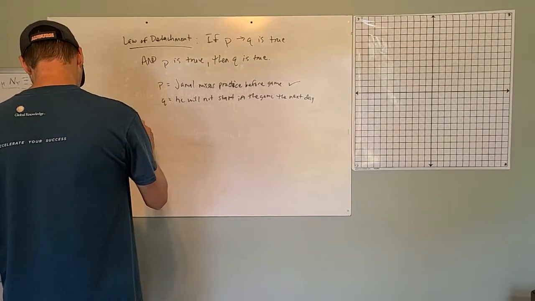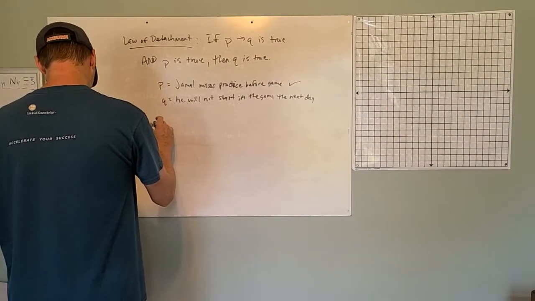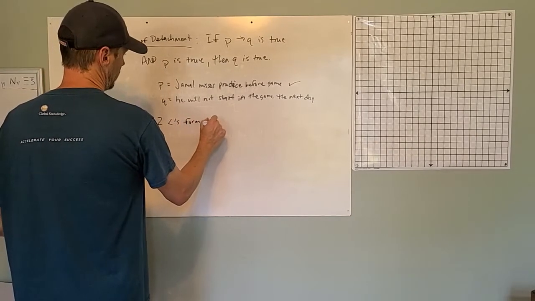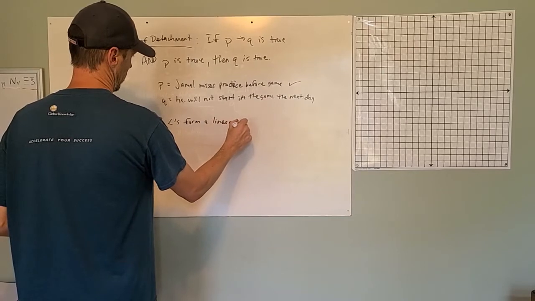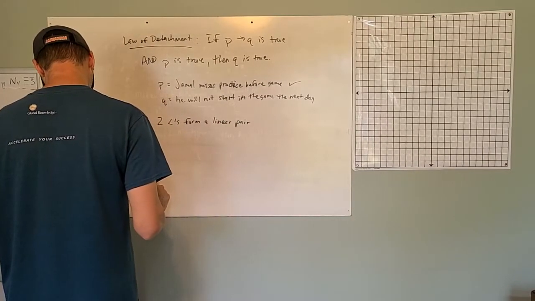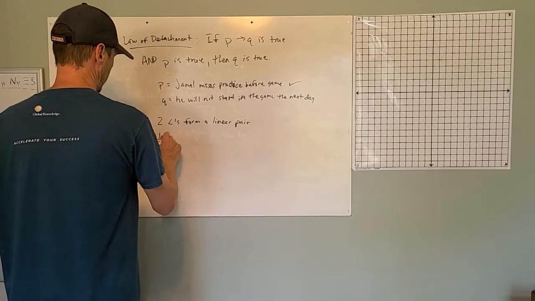In the next one, it says if two angles form a linear pair, so in the next example, P equals two angles form a linear pair. If that's true, then we can say Q is also true, which says they are supplementary.